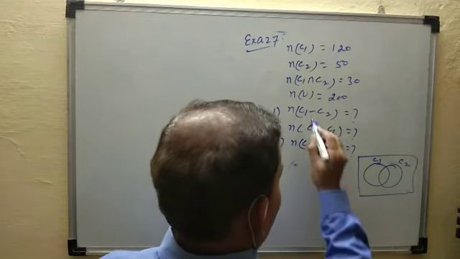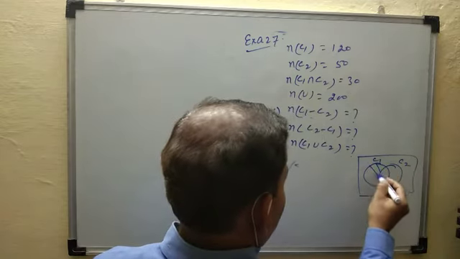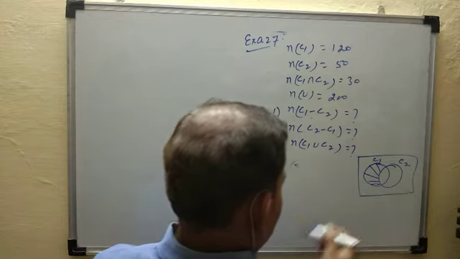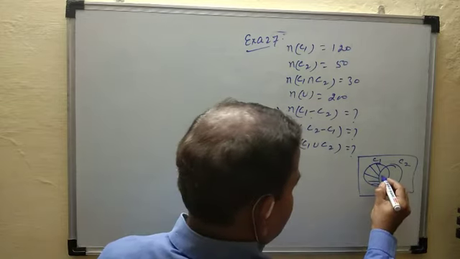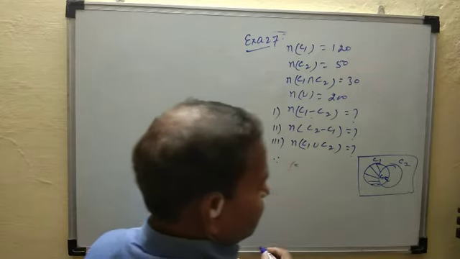C1 minus C2, this part is C1 minus C2, and this is the intersection part, that is C1 intersection C2.